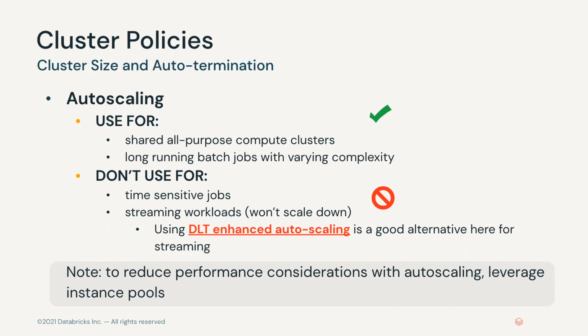It's a great alternative to the traditional auto scaling, which does a much better job of scaling, and you should potentially use that instead. So again, that's where we can lead by best practice when giving out these policies to different teams once we know what the workloads are that they want to run.